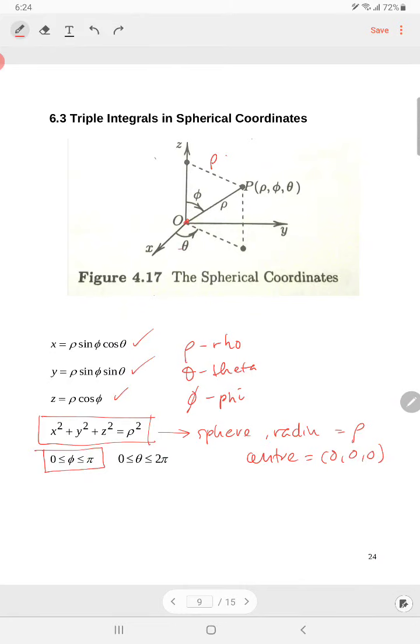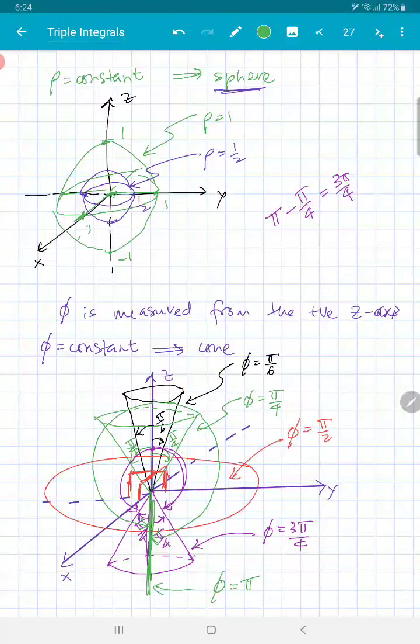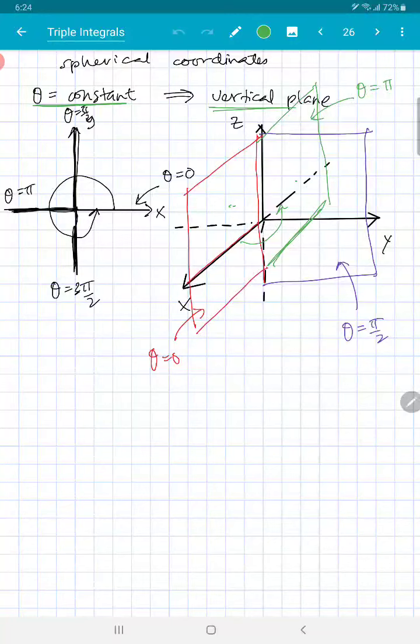But for theta, as I drew before, the angle can go from 0 all the way back to the positive x-axis again, which is one rotation.